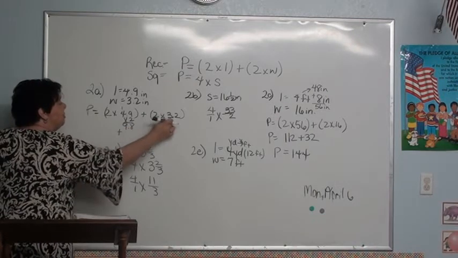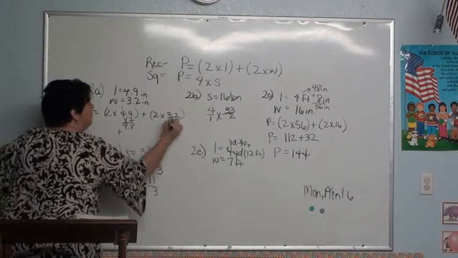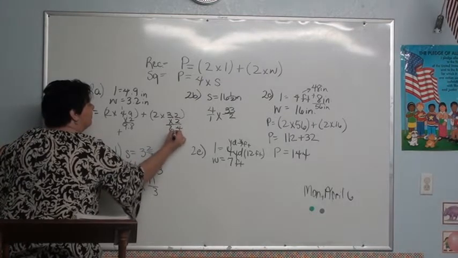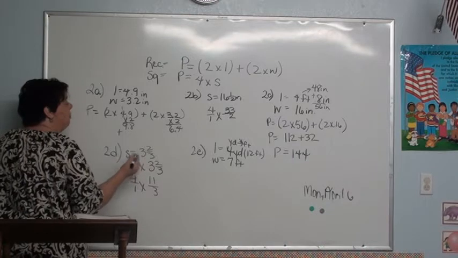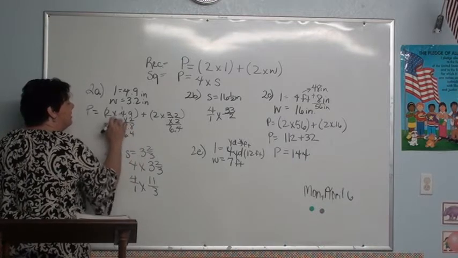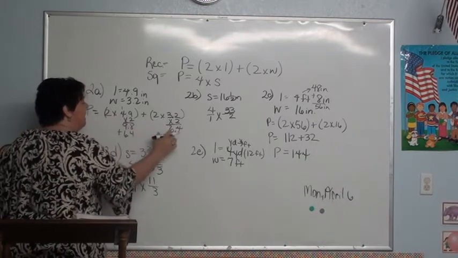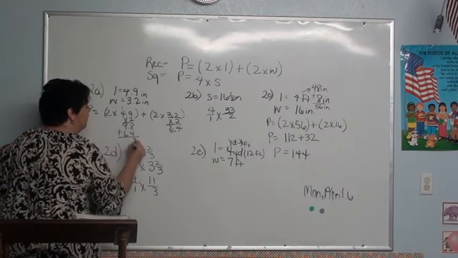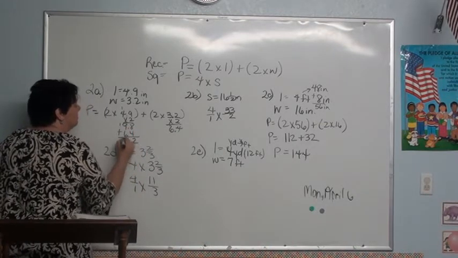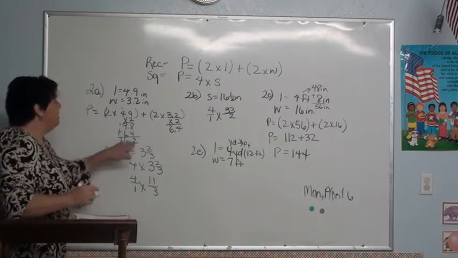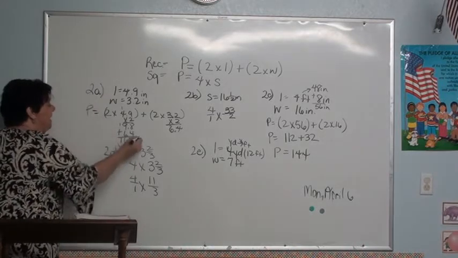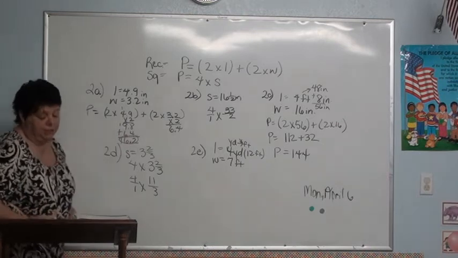Plus 2 times 3.2, we're going to multiply. 3.2 times 2 is 6.4. We're going to add this plus this, 9.8 plus 6.4, and we get 16.2. So the perimeter for 2A is 16.2.